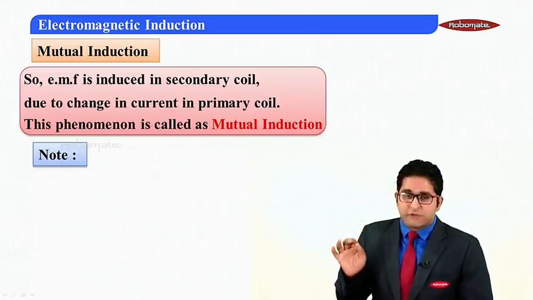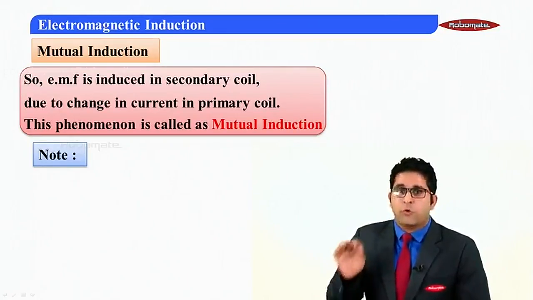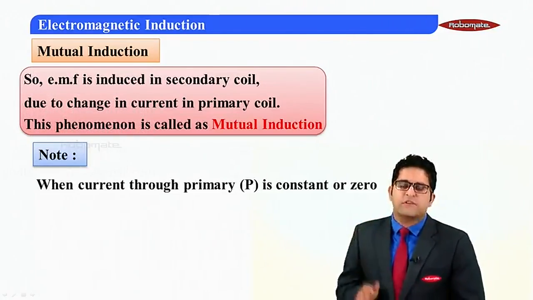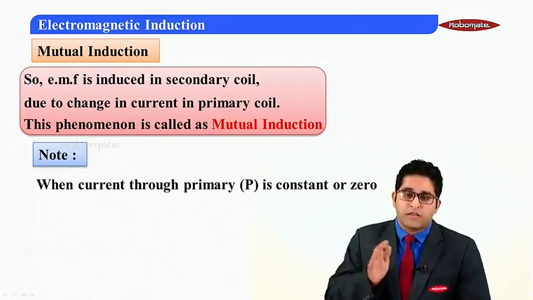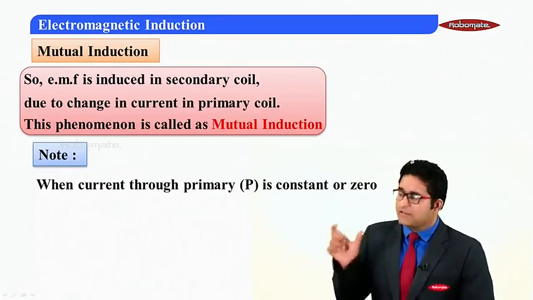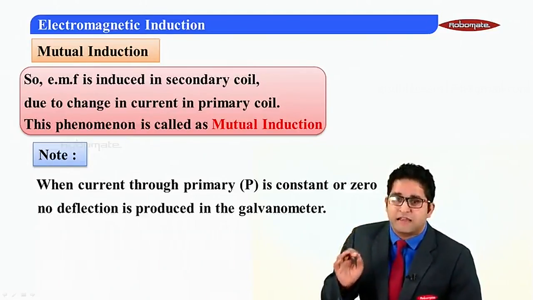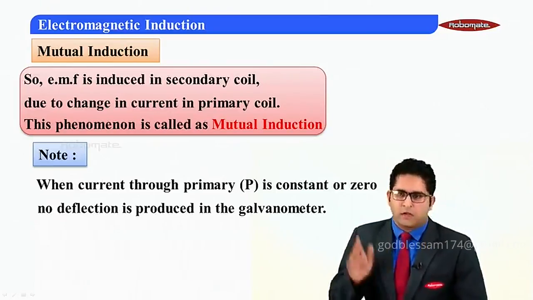Now students, see carefully. This induced EMF is produced only when there is change in current. So there is no EMF induced when the current in the primary is constant or equal to 0, right? And in this situation, there will not be any deflection in the galvanometer connected in the secondary coil, right?